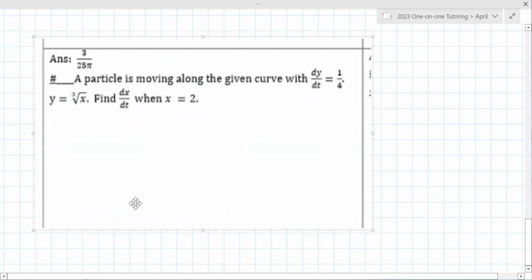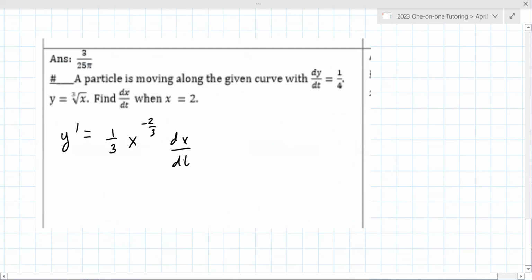So y equals cube root of x. The derivative is 1/3 x to the minus 2/3 dx dt. They give you dy dt, which is what y prime is. That's 1/4. They give you x, that's 2. So in principle here you have enough to find dx dt.